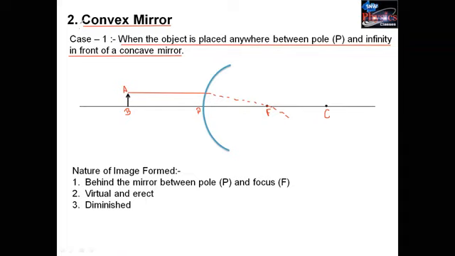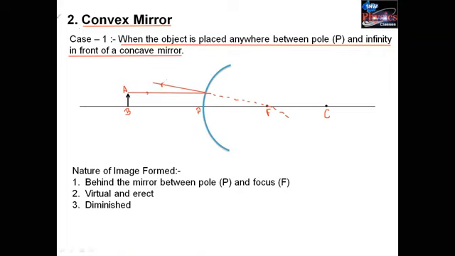It will seem to be passing through the principal focus. Our first rule says it will appear to be passing via principal focus. We indicate the rays by giving an arrow. It is falling and it is reflecting back.